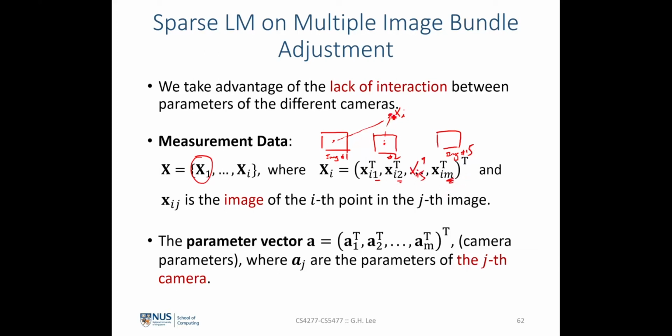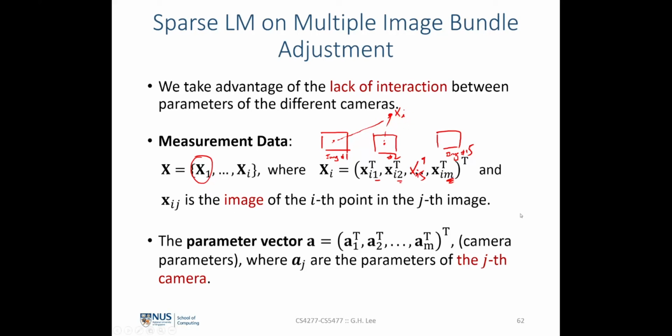This means that this particular 3D point xi is being seen in m number of images, and we're denoting small x ij as the image 2D point that corresponds to the 3D reconstructed points.